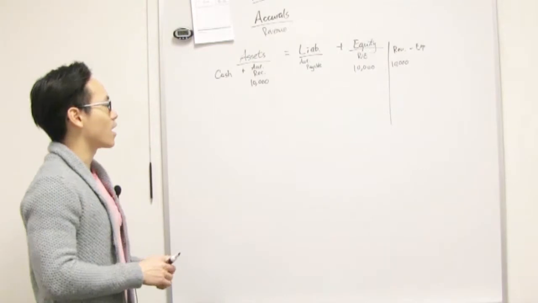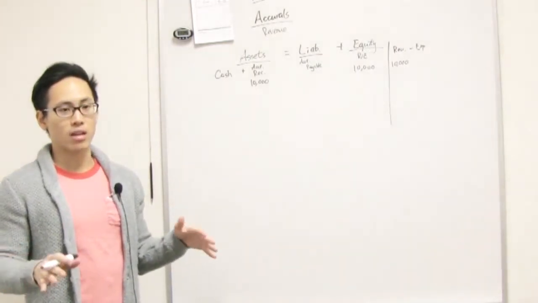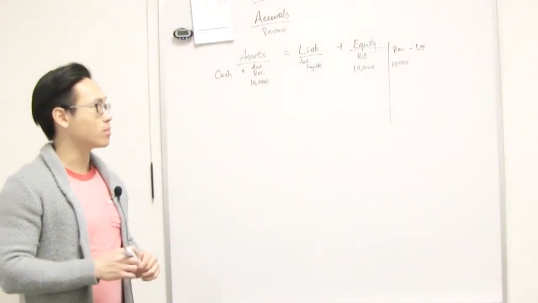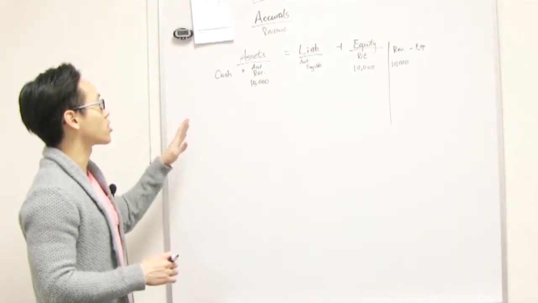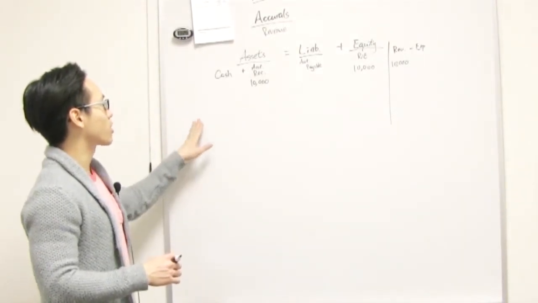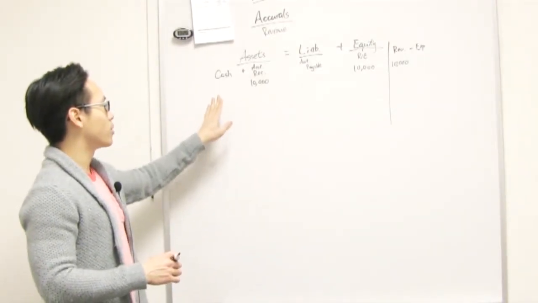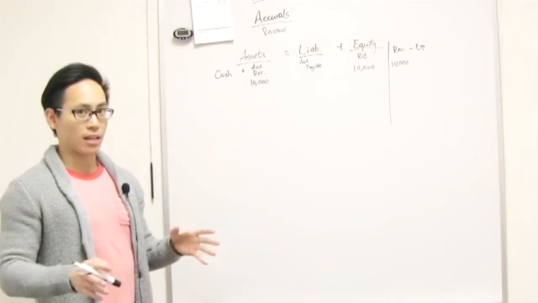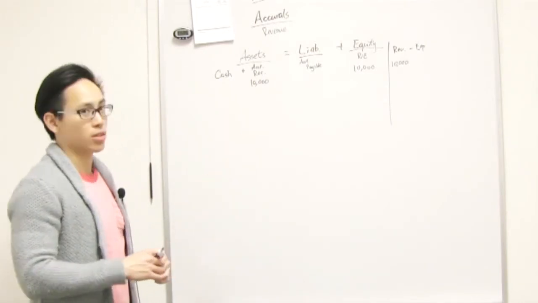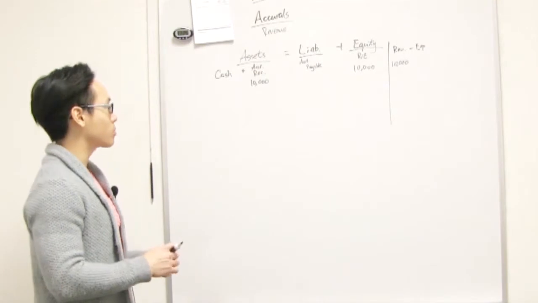So let's just say that the customer paid you that money within that year. And so at the end of the year, you have to adjust entry. And so you look at this event, and then you realize the cash that you collected from customers.